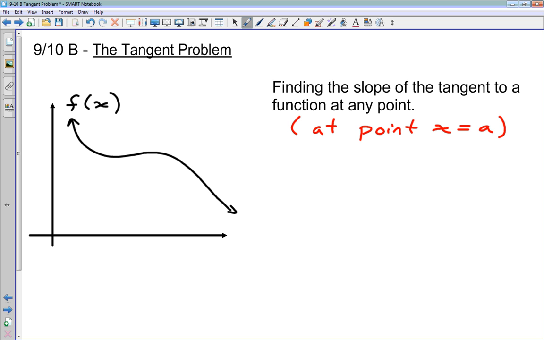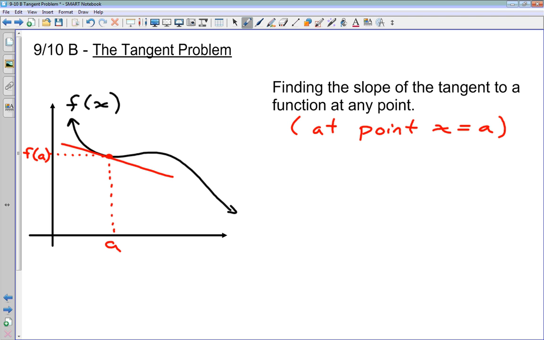Rather than putting in a number, we'll just put in this value a here. So x equals a is right there. So this is the point where we want to find the slope of this tangent to this curve. And if we were to go ahead and calculate the y value, it would just be f at a. We can just find that using the function.